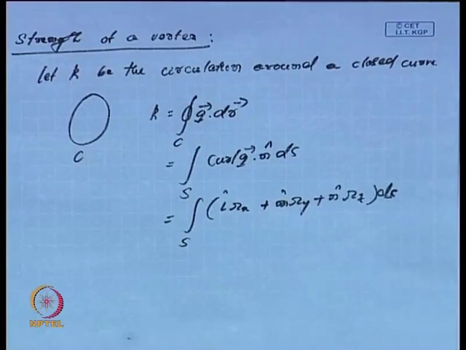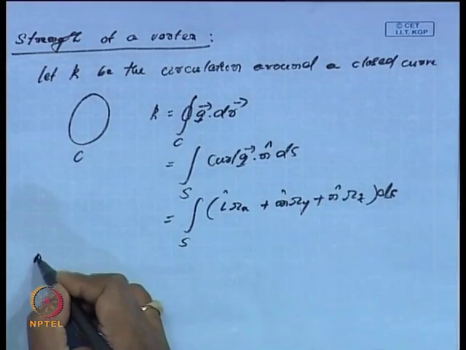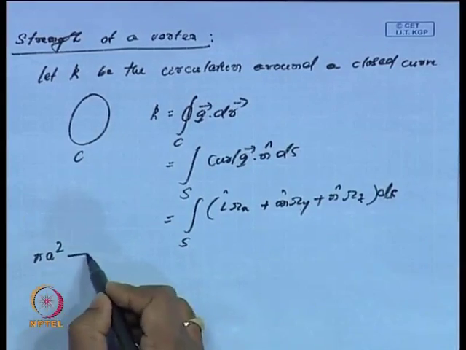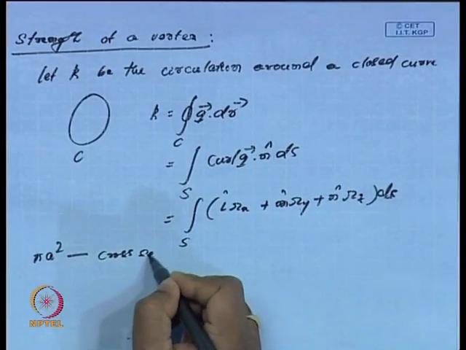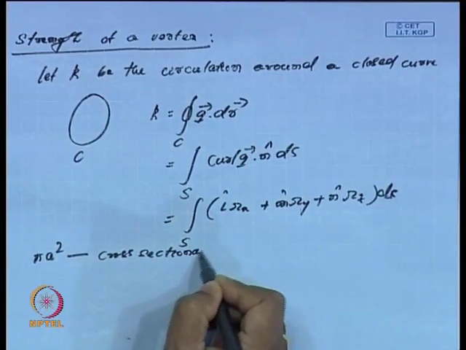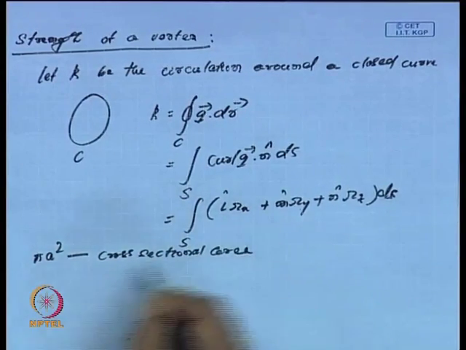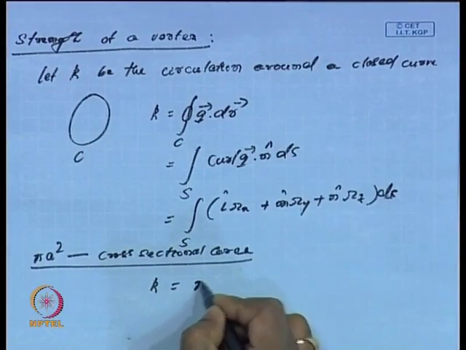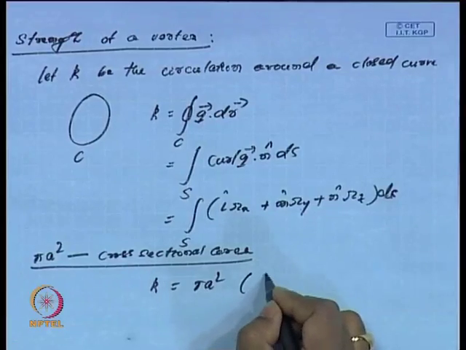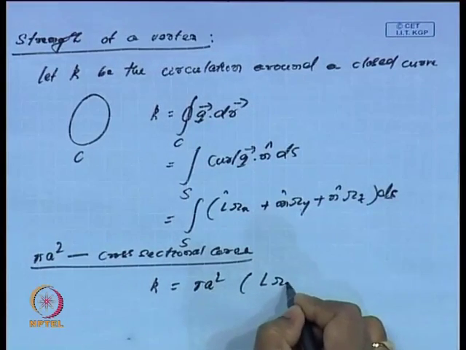Now, if I assume that pi a square is the cross sectional area of the vortex tube, then what will happen to K? K will be pi a square into L omega x.